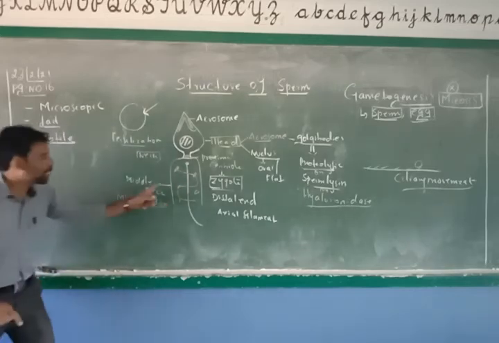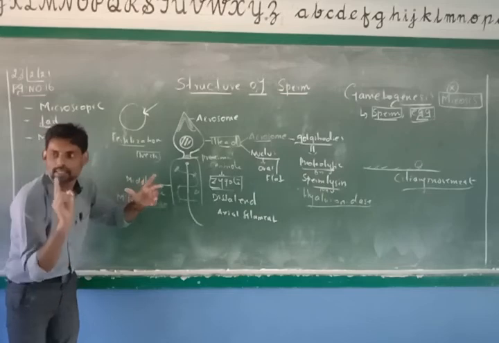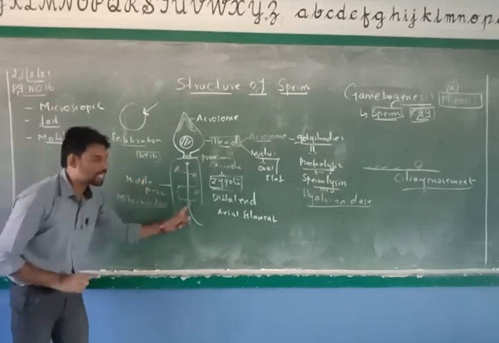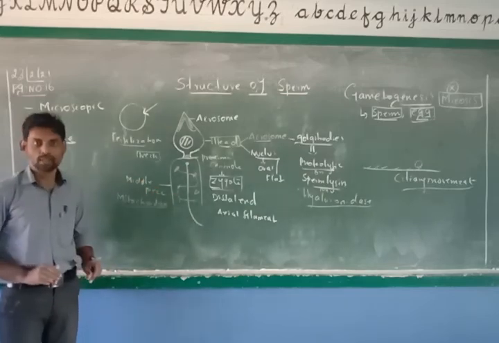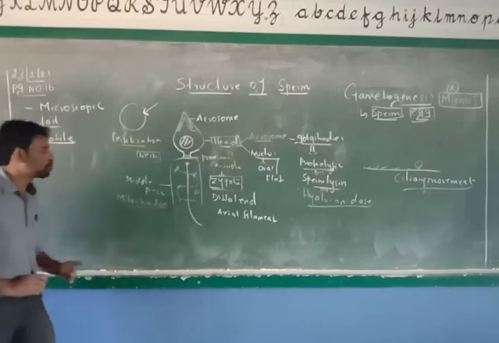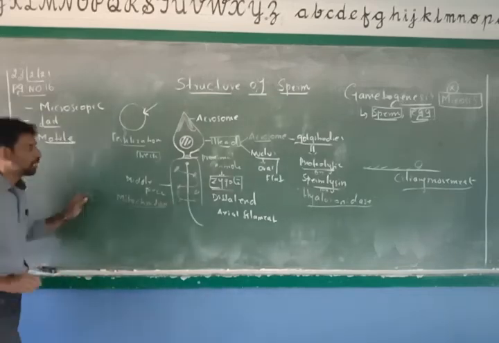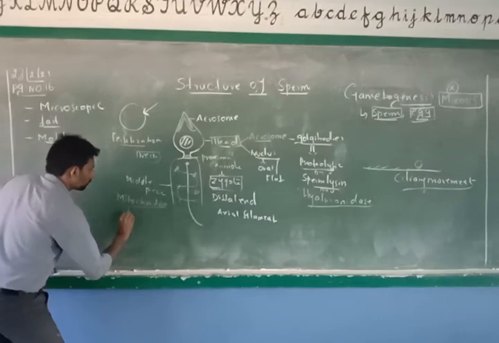The mitochondria encircle the axial filament, so it is called the mitochondrial spindle, or otherwise the Nebenkern.